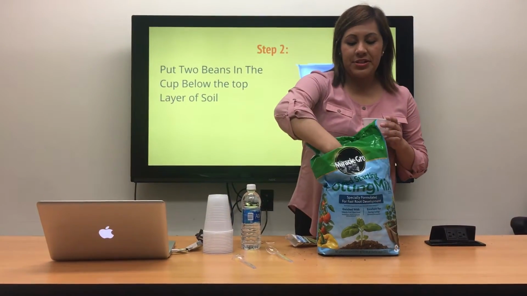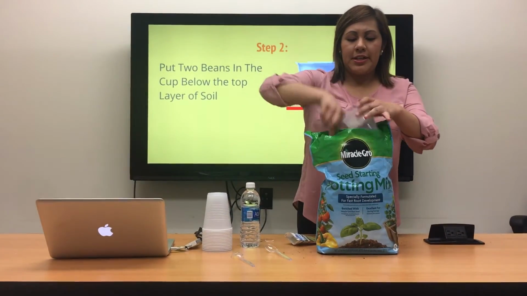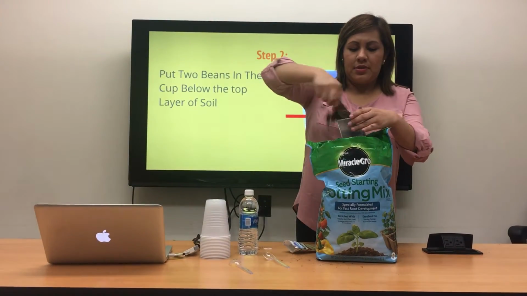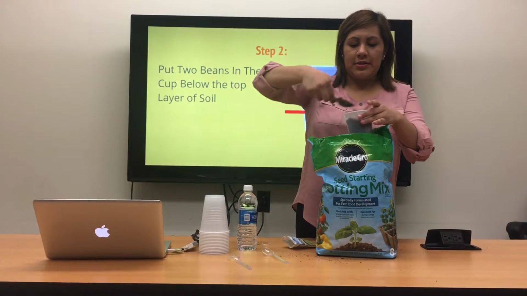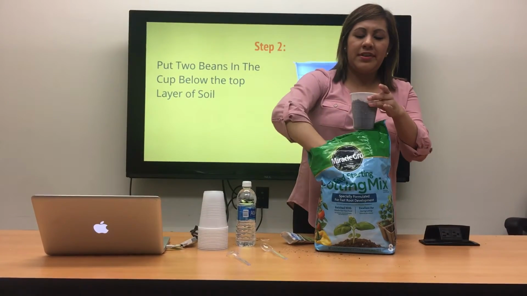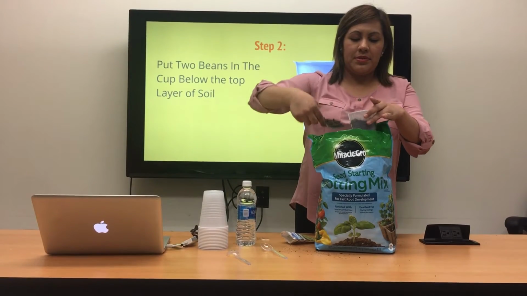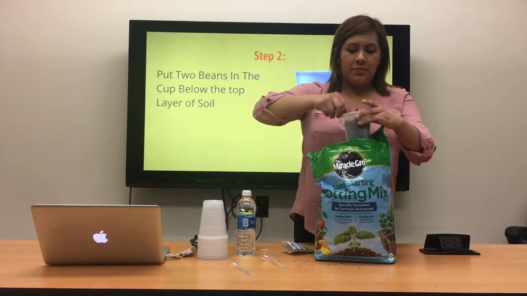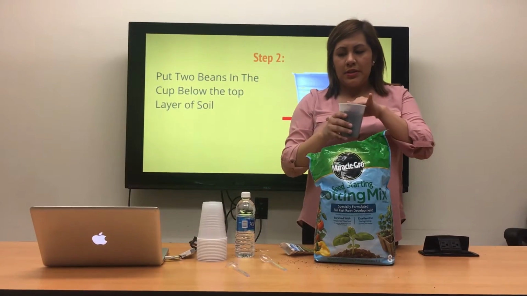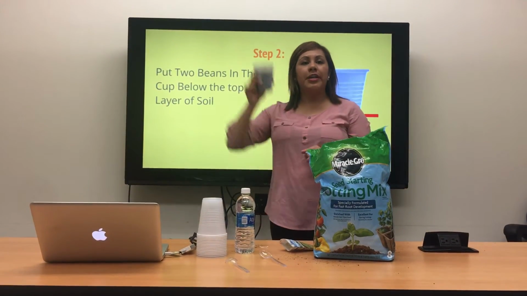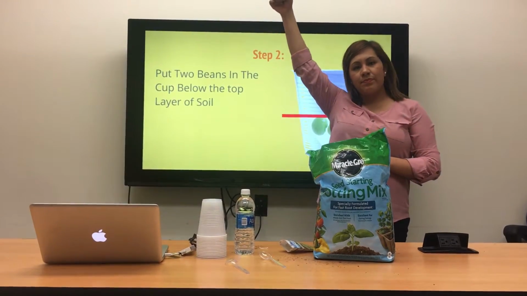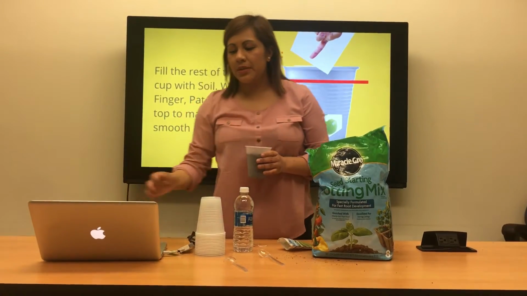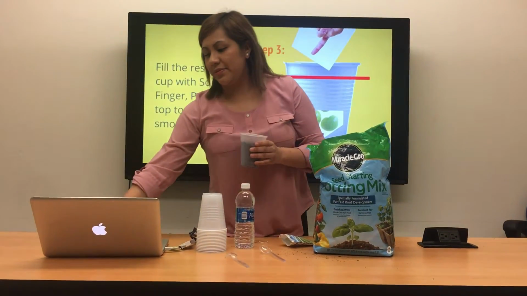So now you're going to finish filling the rest of your cup with soil. You don't have to fill it up to the top, just enough to cover your lima beans. So there you go. Okay, thumbs up. Actually, hold your cup up when you're ready. Awesome. Okay, so that was step 3.